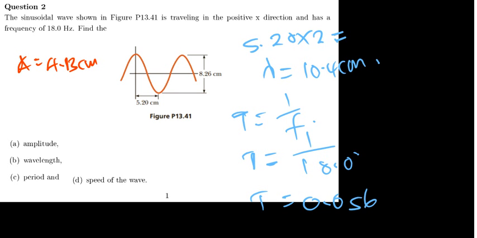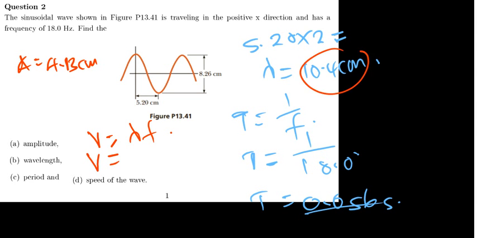Then the next question is asking us to find the speed of the wave. How do we find it? The speed is given by lambda times frequency. I don't know if you have forgotten this one, but we're not. We have to convert lambda into meters: 10.4 divided by 100 is 0.104 times the frequency, 18.